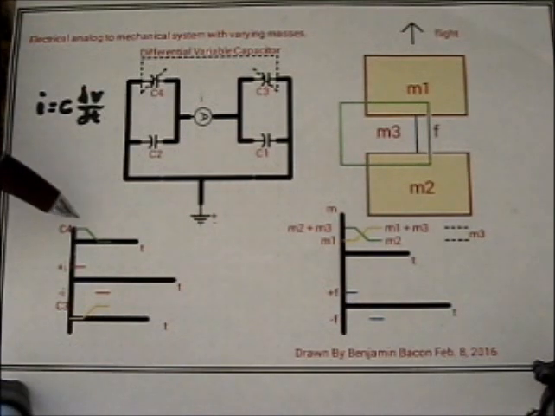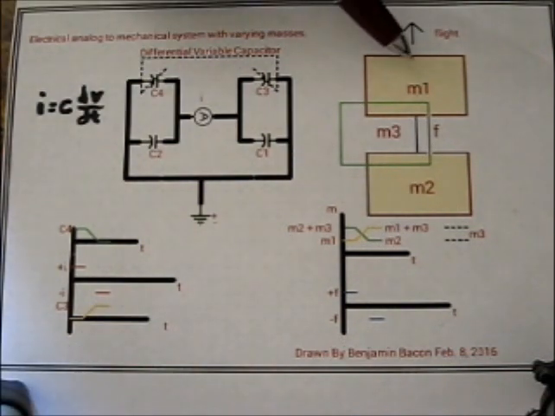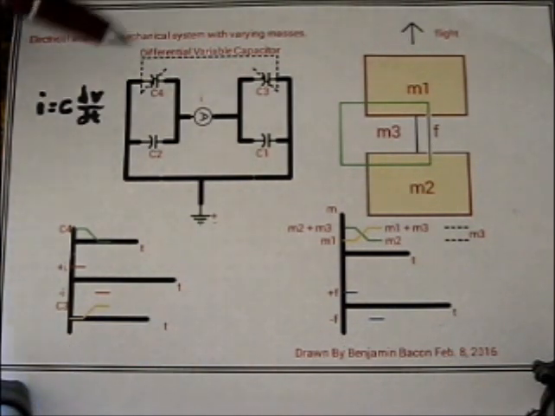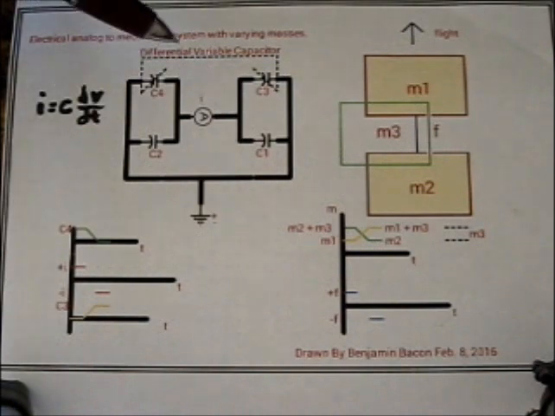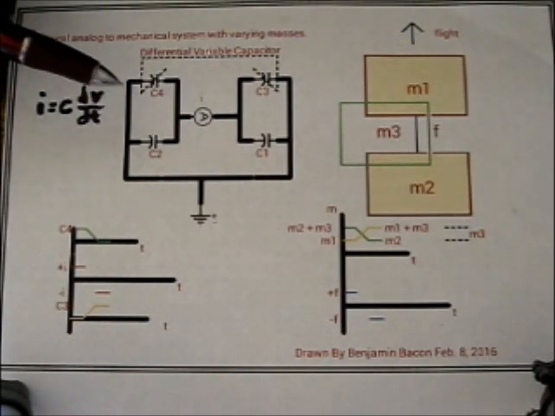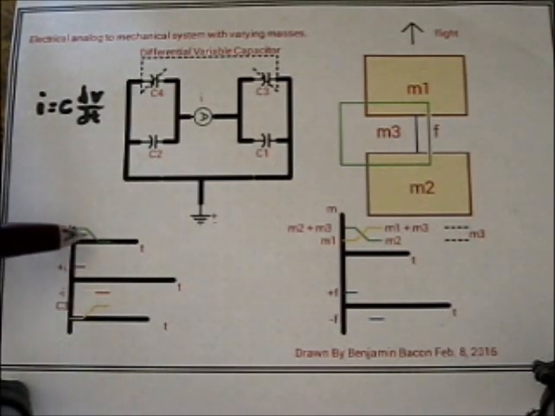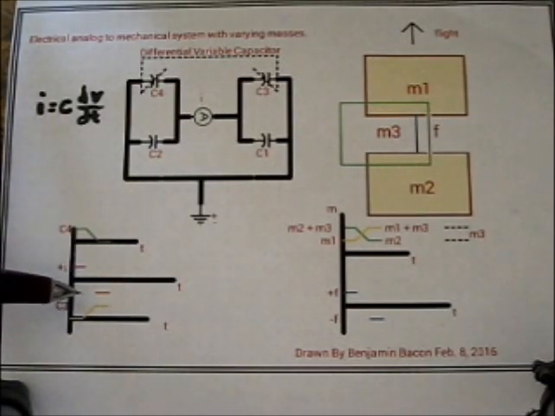Well, what if we could find out what would happen as that mass flow occurs? Is this also an equivalent analog to the mechanical system when we are rotating that shaft on the differential variable capacitor? And then even deeper, what would happen if we have the forces on at the same time as the mass flows?